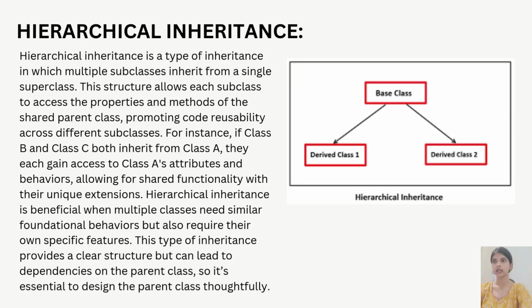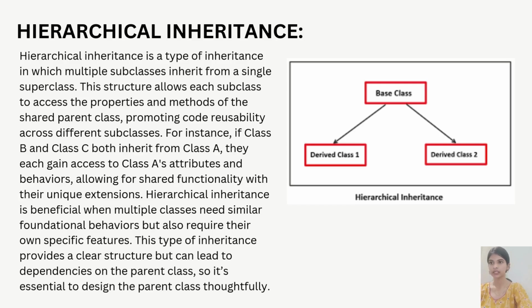Hierarchical inheritance. Hierarchical inheritance is a type of inheritance in which multiple subclasses inherit from a single superclass. The structure allows each subclass to access the properties and methods of the shared parent class, promoting code reusability across various and different types of subclasses. For instance, if classes B and C inherit from class A, they gain access to its attributes and behaviors, allowing shared functionality with their unique extensions.